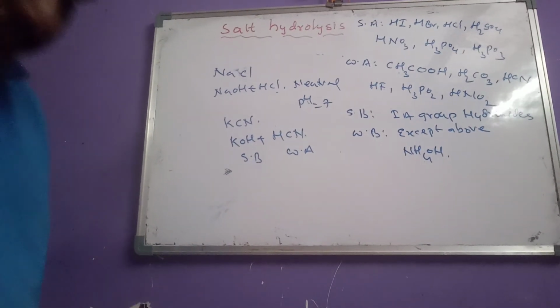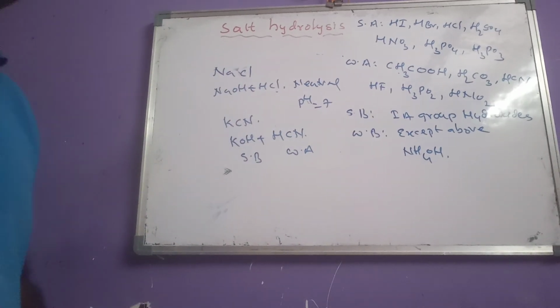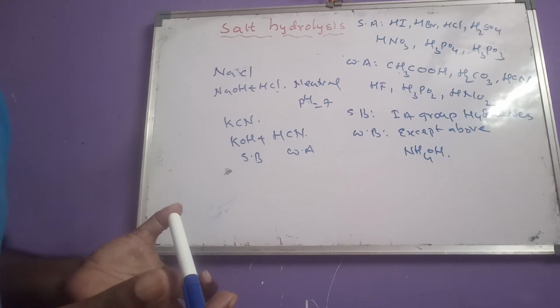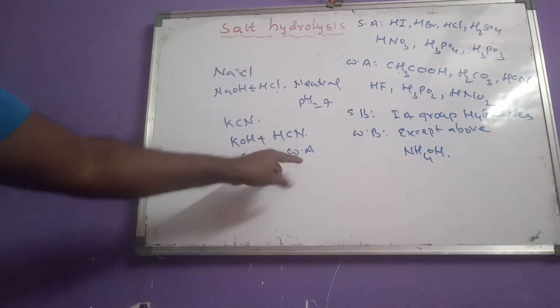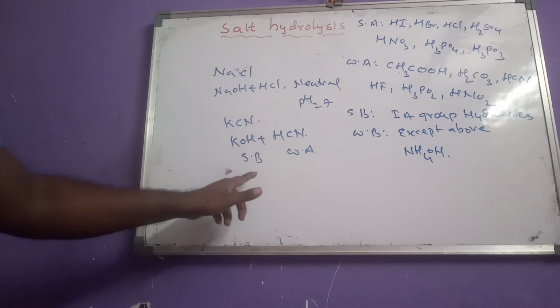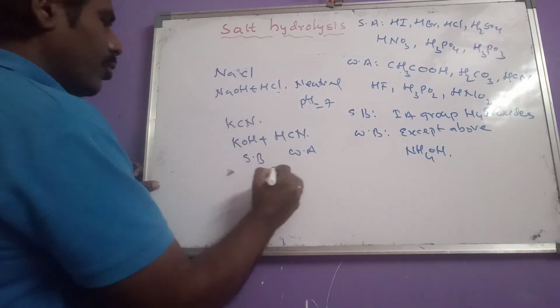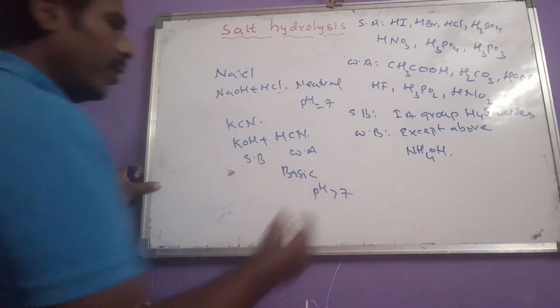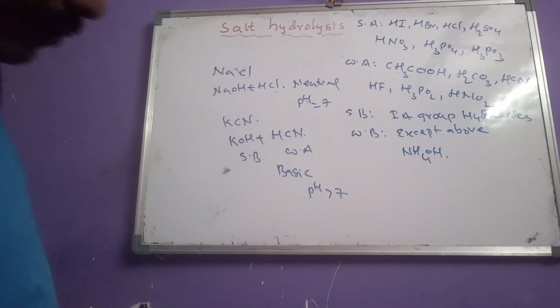That means if Australia and Zimbabwe play a cricket match, who will win the match? Australia, because Australia has a strong cricket team. Like that only, if a strong base and weak acid play the match, who will win the match? The strong base. That means this solution has basic nature, pH value is greater than 7. We just have to observe the background powers.